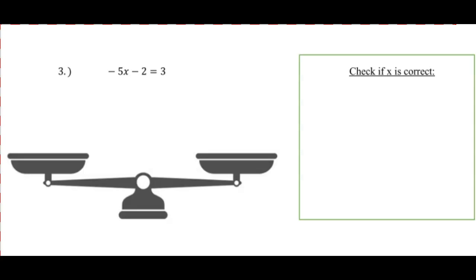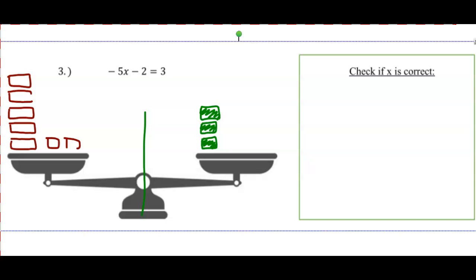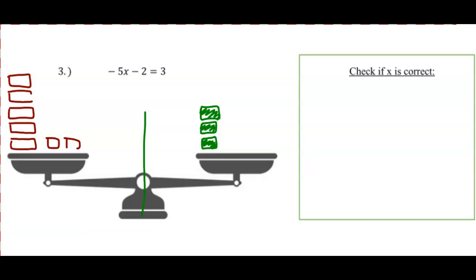So, with that said, pause that video to do that, and your picture should look like this. All of these are red, they're all open because they're negative, and over on the right side, those 3 are represented by 3 squares that are colored in because they're positive.